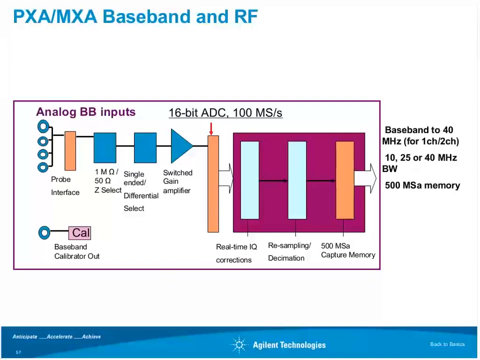And so rather than one single connector, you might need 4 connectors, 2 for I and 2 for Q. And so some analyzers have baseband IQ inputs available to directly input those signals from a chip, let's say, and it may not necessarily be 50 ohms, it might be a high input impedance. But once you go through that part of the circuit, then eventually you get to the IF and you're going to treat the signal just like you would any other, digitize it, and then do your processing.